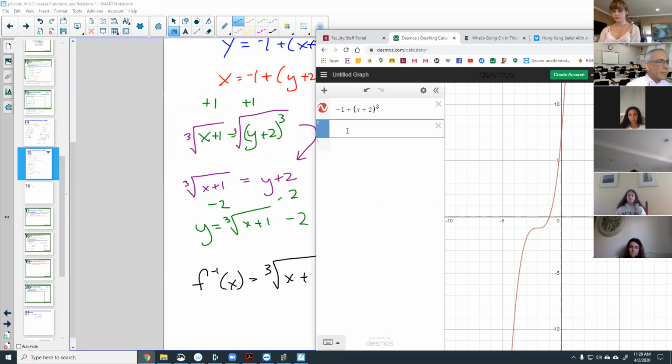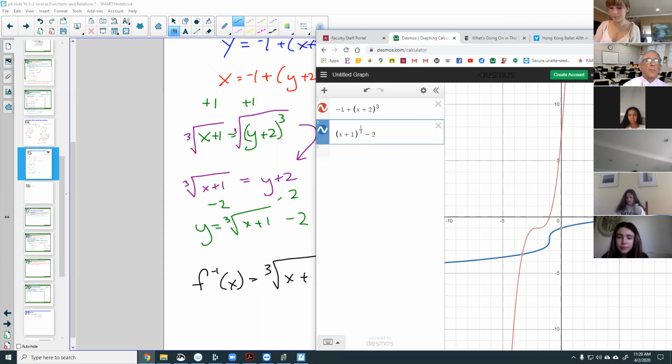Now I'm going to type my inverse here. My inverse is the cube root of x plus 1. So I'm going to write it like this: x plus 1 to the 1/3 power, minus 2.